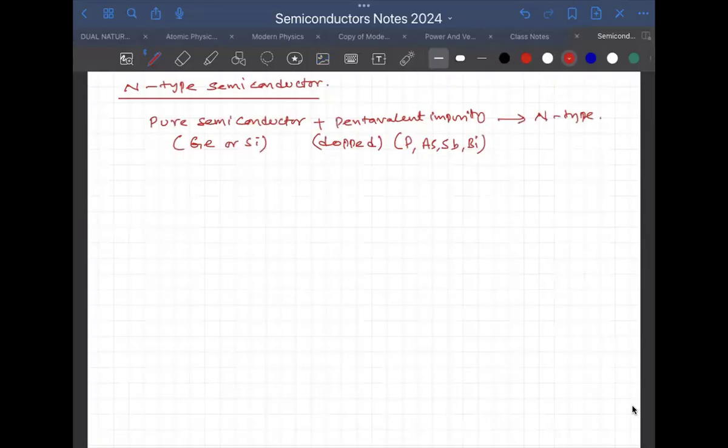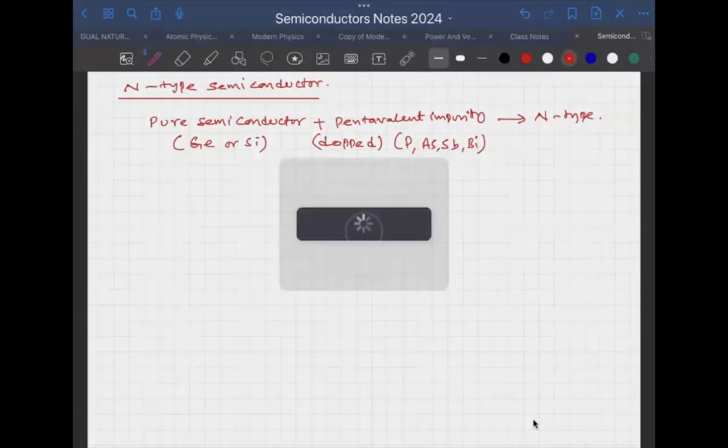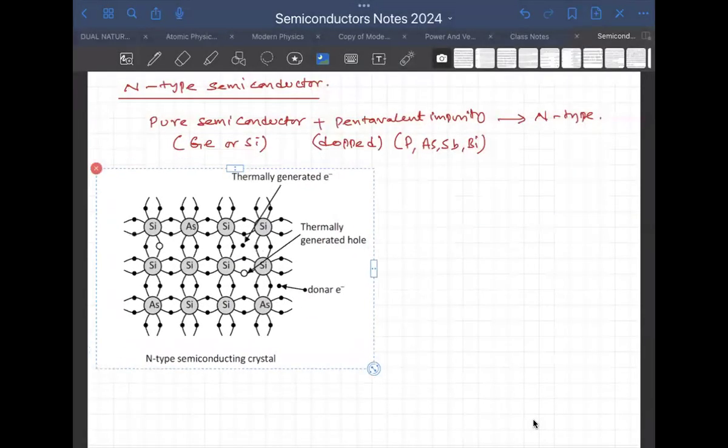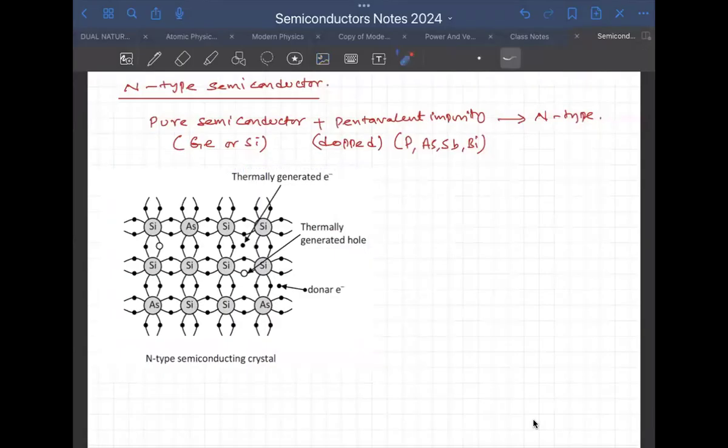Now, the problem is, what is happening just because of the addition of this part? I'll represent it. Now you see the crystal here. Here is your impurity. Here is your impurity.